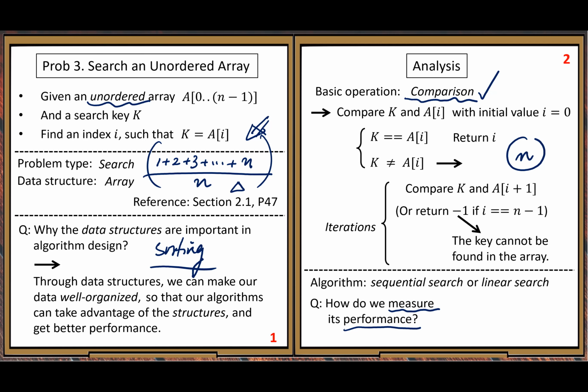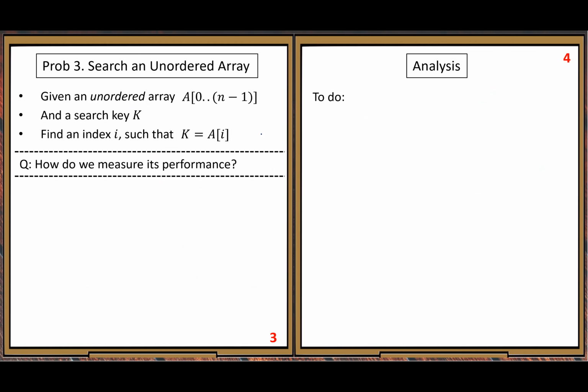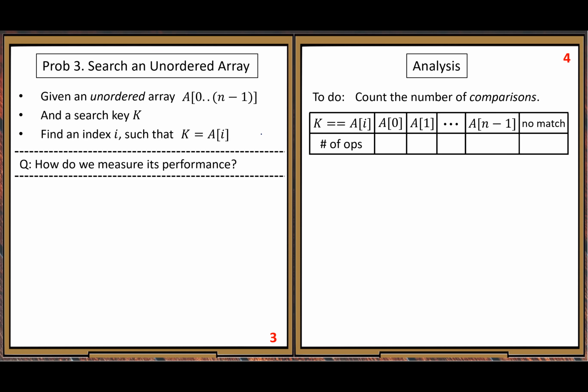So let's consider the operation: we need to count the number of comparisons. We need to study all the possible cases, then we can look at the average. We need to understand the details of all the cases first. So let's do a chart here.